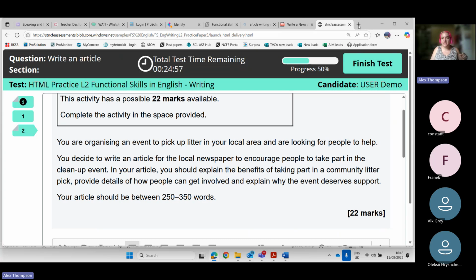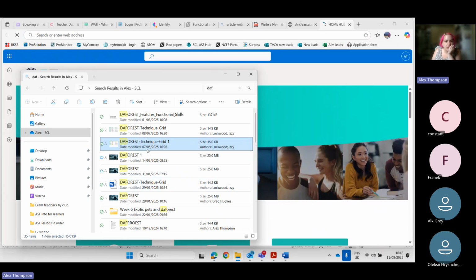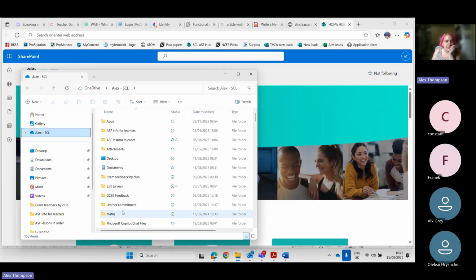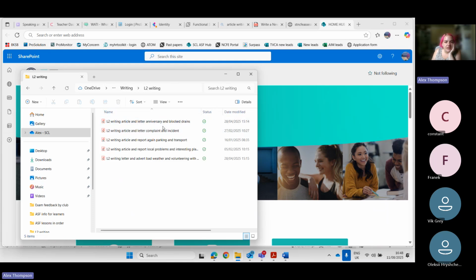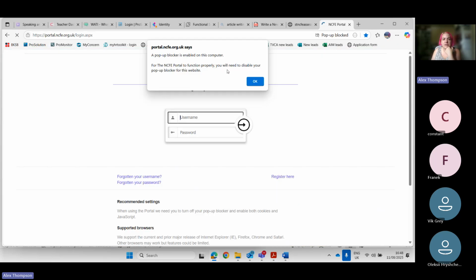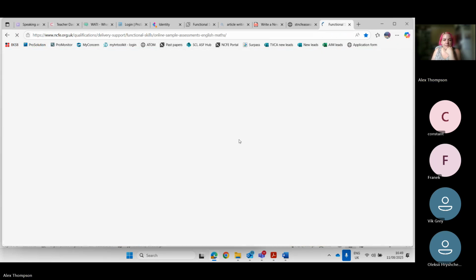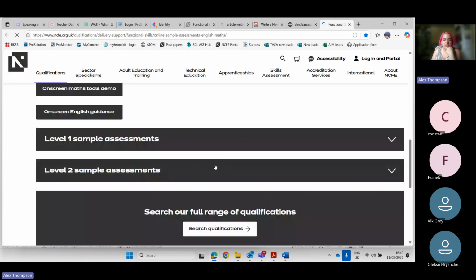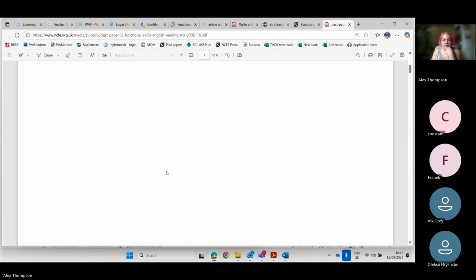Now, if we actually just have a quick check of, in fact, let me see if I've got one on here. NCFE exams, writing, level 2. Have I got a mark scheme? No, there's no mark schemes on that. Right. I basically just want to show you the answer booklet for an article. Which one's this?